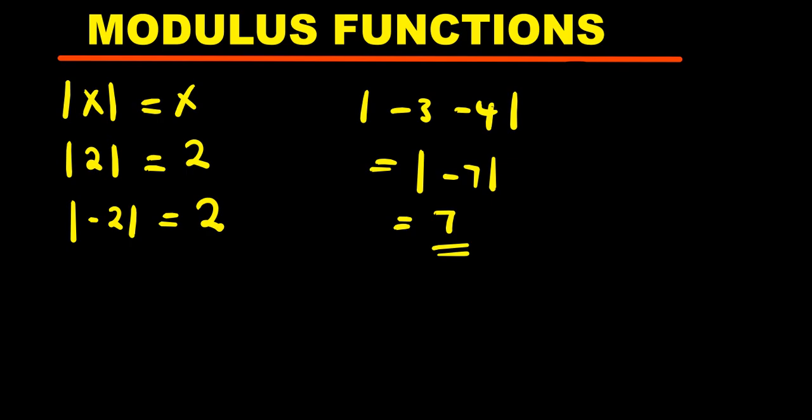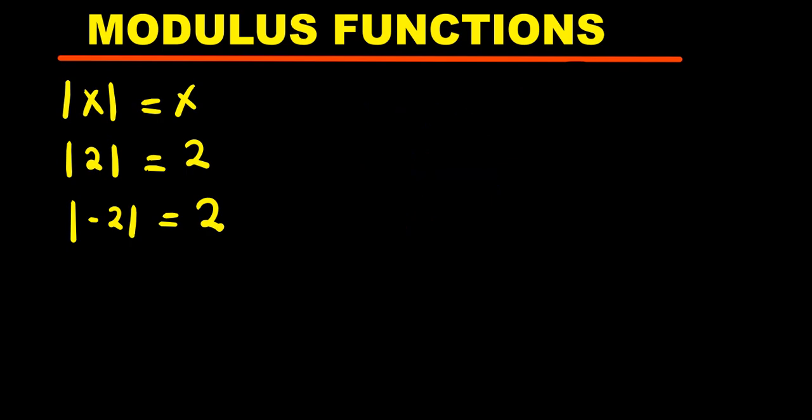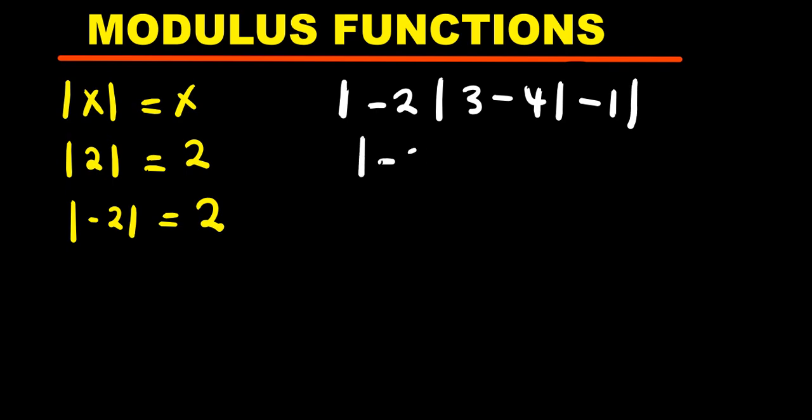Maybe let's also solve the last one to make it interesting. Let's say they ask you to find the modulus of -2 plus the modulus of 3 minus 4, minus 1. How are you going to solve that? Write your -2. What is 3 minus 4? That is -1.